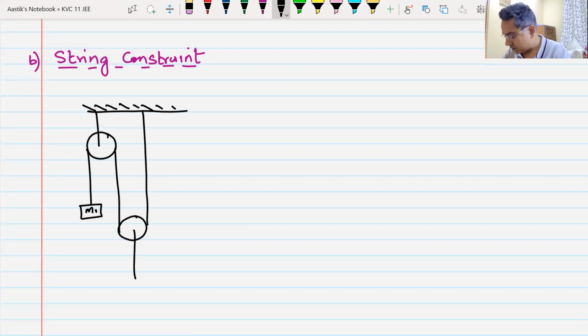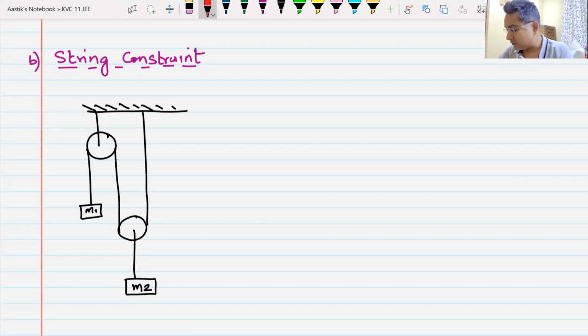Okay. Now this is the diagram, and I think we have done this question before also. Now, if you can see here, the situation has somewhat changed from the previous questions. In the previous questions, we had only one string which was moving around here and there and connecting to each other. Here, how many strings do you see?